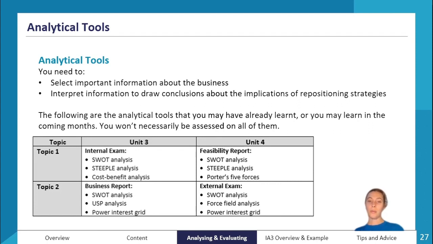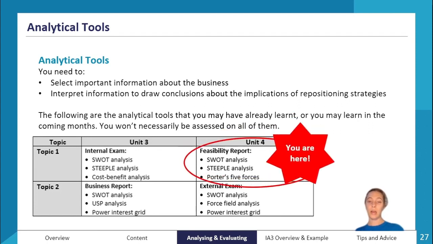So depending on where you're at in your business journey, you may be up to Unit 4, Topic 1, which is what we're covering today. If you haven't gotten to that point yet, then you'll be on Unit 3, Topic 2. So, of course, we can see in each of these sections, we've got the SWOT analysis.